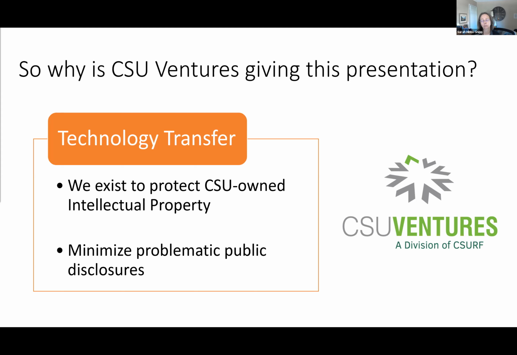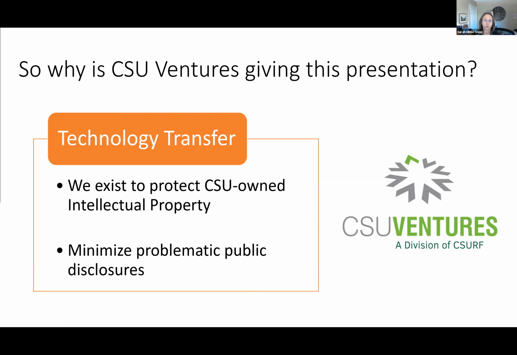So that means when somebody comes up with a great idea or an invention that is federally funded, or is done as part of your research, and you are paid by your professor as a GTA or a GRA, and that innovation is part of your research, or it's part of your role at CSU as an employee, CSU owns that intellectual property, and we are by law required to make a good faith effort to protect it.